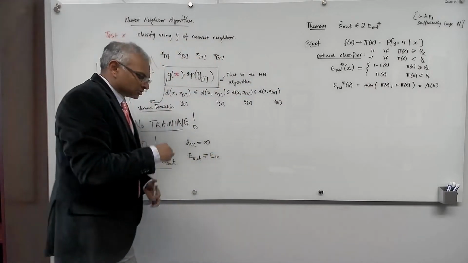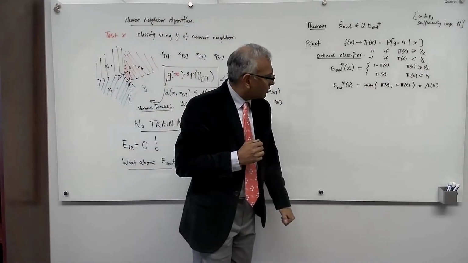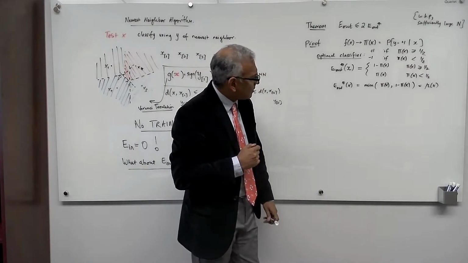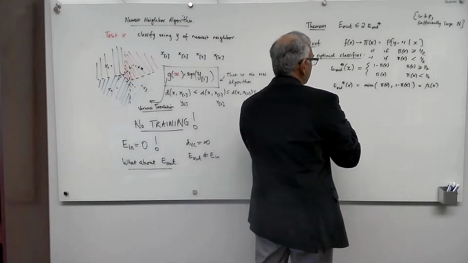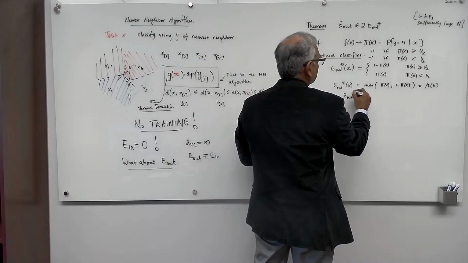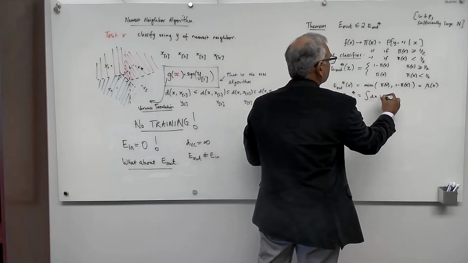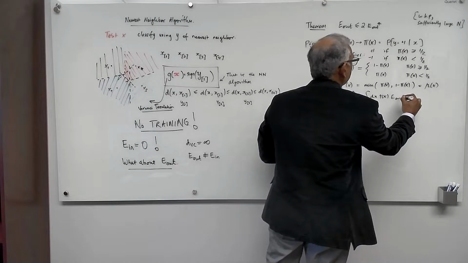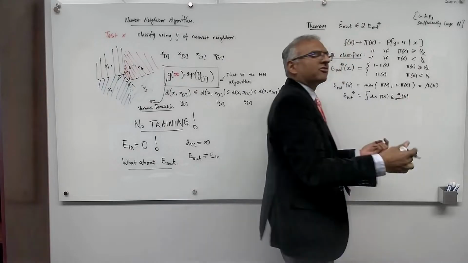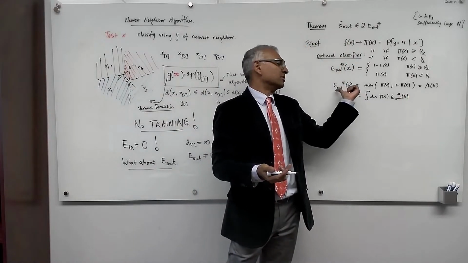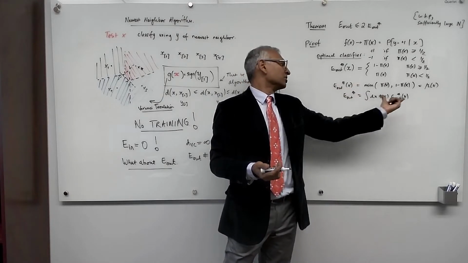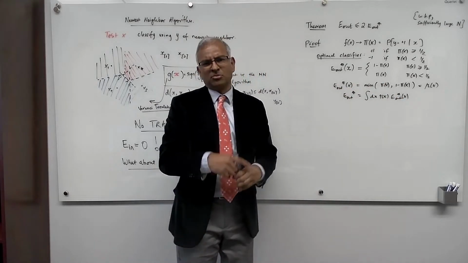By the way, E out star is just equal to the integral dx p of x E out star of x. It's the expected value of the probability of error, so you can just average over x, but that's not going to be so important.